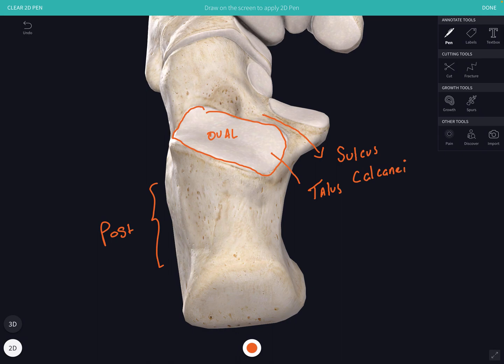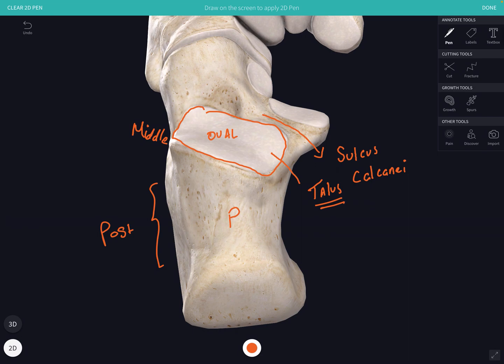Okay, so we've got the posterior region. In this middle region, we have an oval articular facet, which will articulate with the talus. Remember, the talus sits on top of the calcaneum, and then the tibia sits on top of the talus. And then anterior to the oval articular facet, we have a groove known as the sulcus calcanei.